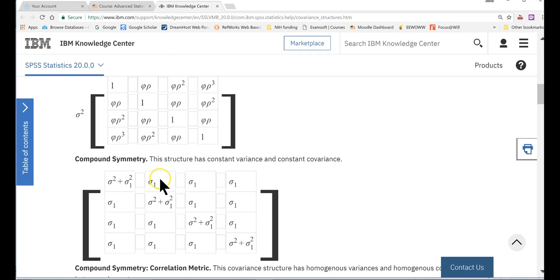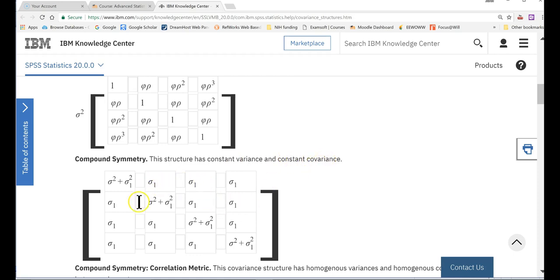So the correlation between visit 1 and 2, 1 and 3, 1 and 4, 2 and 4, 3 and 4, all those visits are correlated the same. Remember, our table goes out to 5, 6, and 7, but we're just looking at these first 4. And it's the same way down there. So now our structure has constant variance and constant covariance.